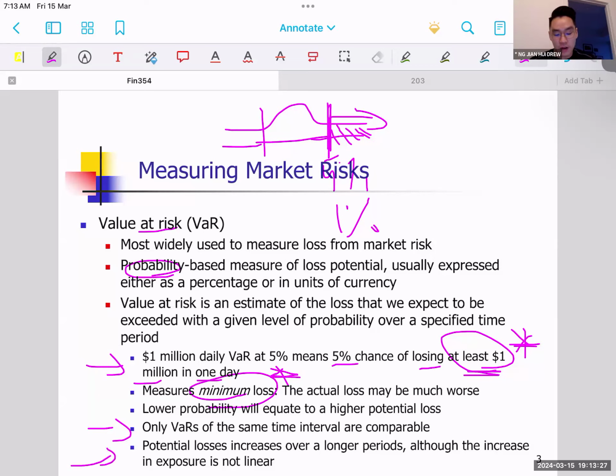Of course, the potential for loss increases over time if your period is longer. Like I mentioned, a daily VAR likely has less fluctuation compared to a monthly VAR.